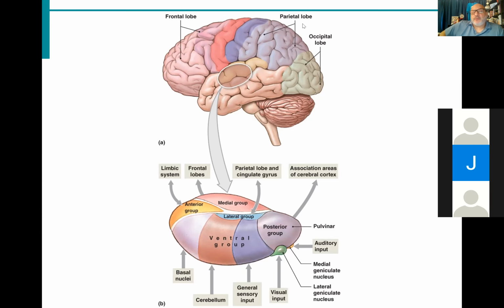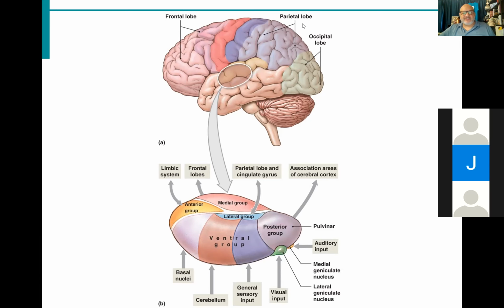I say almost all because there is one sense that doesn't go directly to the thalamus. And what was that sense that we've already talked about that doesn't go to the thalamus? Smell? Yeah, our sense of smell, absolutely. Remember, our sense of smell, as we talked about, goes straight to the limbic system first, which is why it's so strongly associated with memory and emotion.